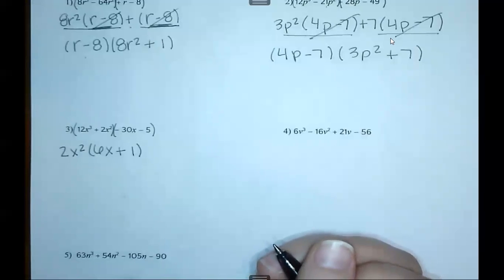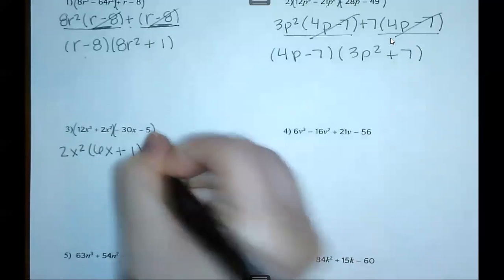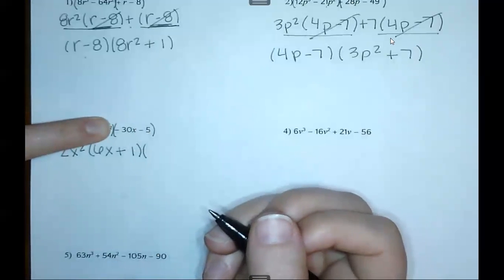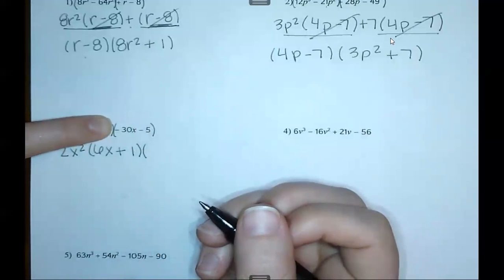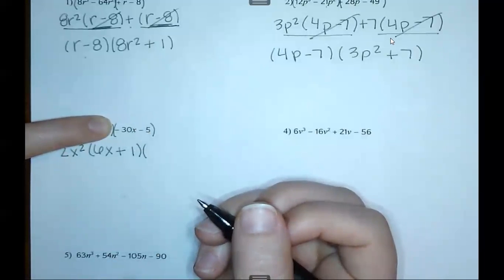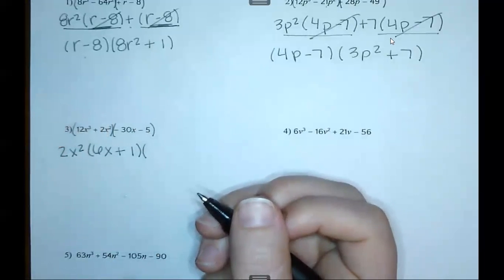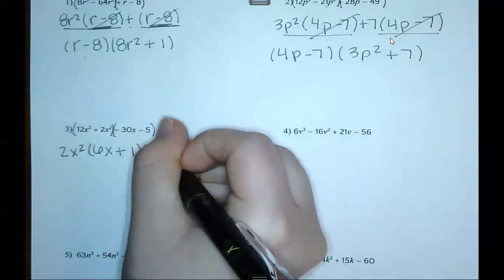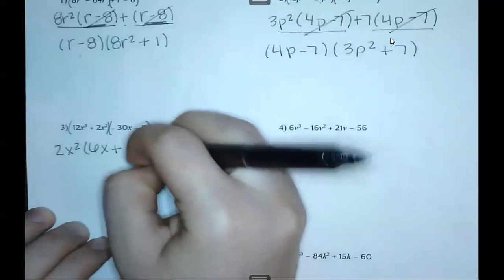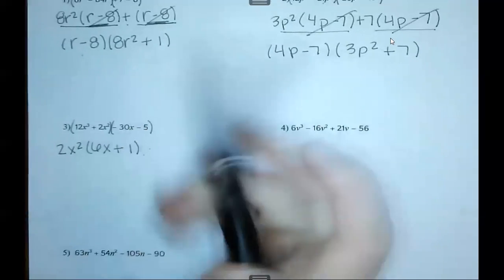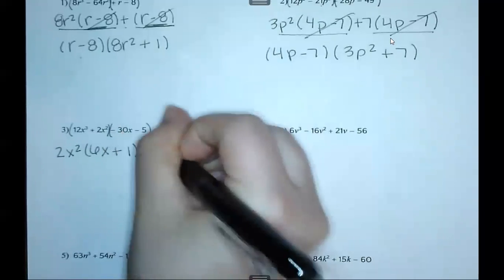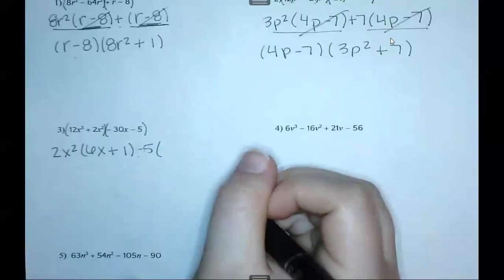All right, in the second set, trying to think of something that will go into negative 30 and negative 5. Well, I can pull a negative 5 out of both of those. So I pull out a, oops, sorry, I forgot to put that before my parenthesis. I can pull out a negative 5, and then we're going to write what we would have left.